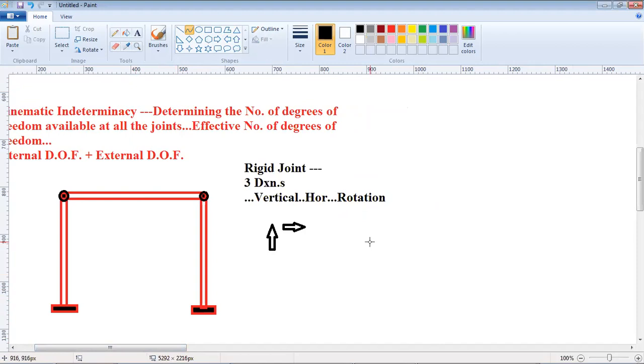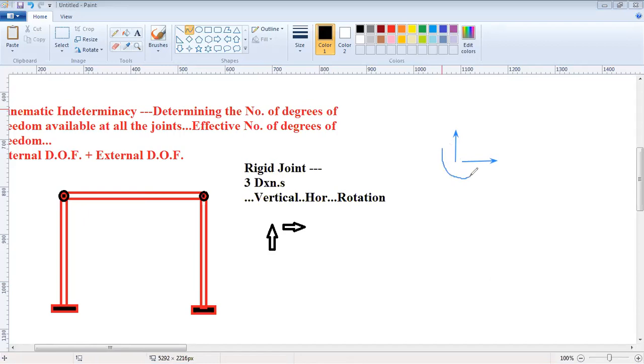In a 3D rigid joint, you will have 1, 2 translations, then you have rotation. This would be the same as 2D, but now you have an additional third translation. Then you have additional rotations along 3 different planes.